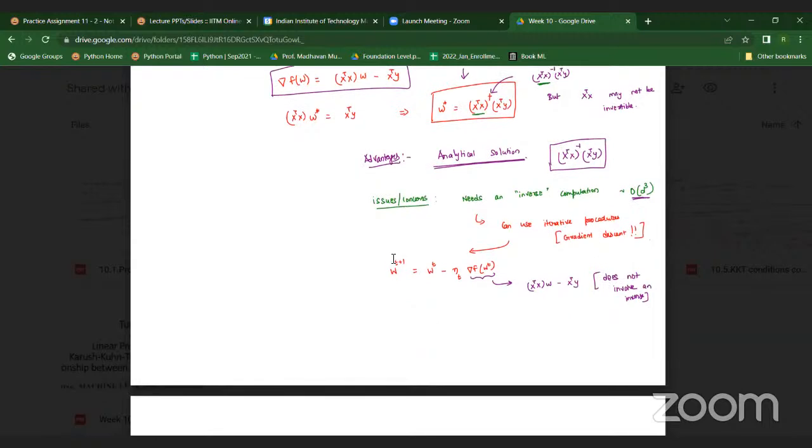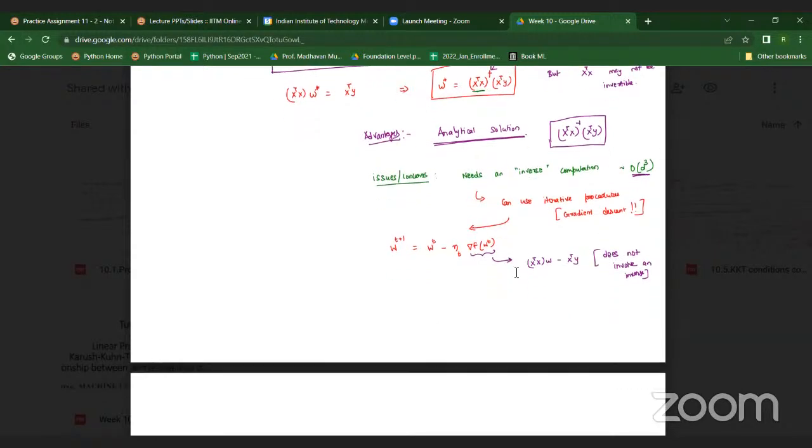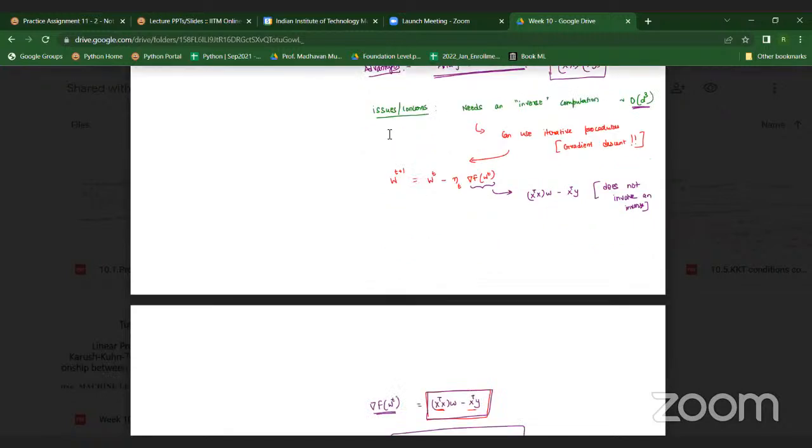Using the iterative process, we can easily get the optimized weight vector W. Here we assume that x transpose x inverse exists.